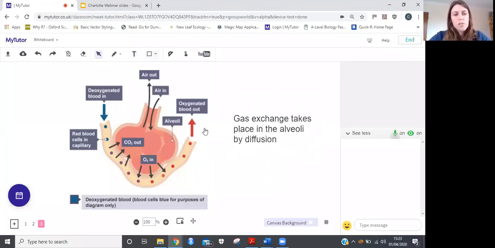Okay, now we want this to be as efficient as we possibly can. And if you've ever talked about diffusion before in your lessons, you'll know that there's 3 ways that we can increase the speed of diffusion.